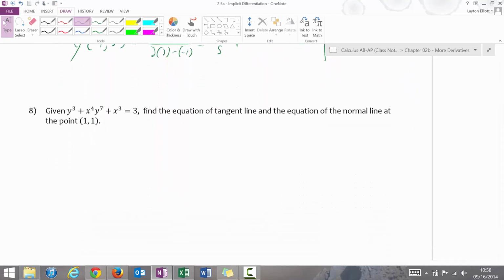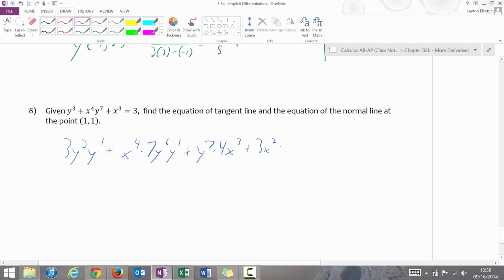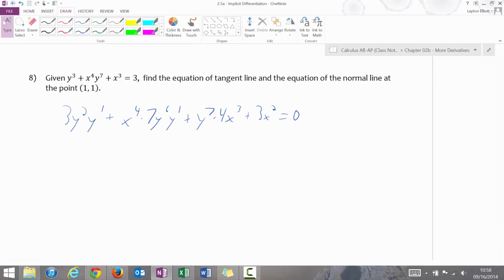And the last problem. Given this, same idea, so let's do a derivative. 3y squared y prime plus, this is a product rule, so first derivative of the second, 7y to the 6th y prime, plus second derivative of the first, 4x cubed, plus then 3x squared, and then equals 0.